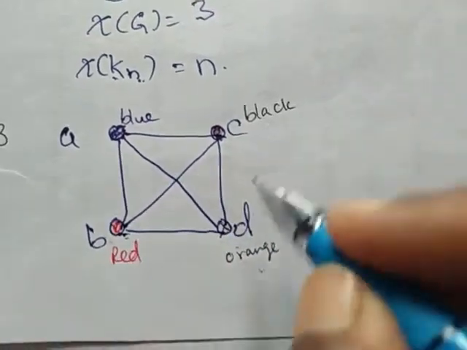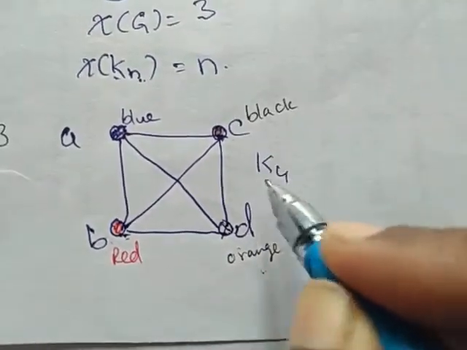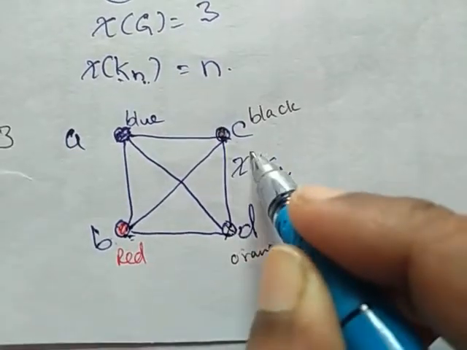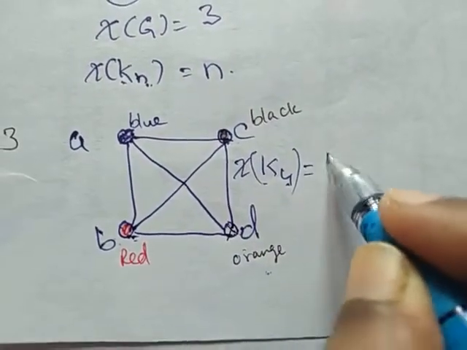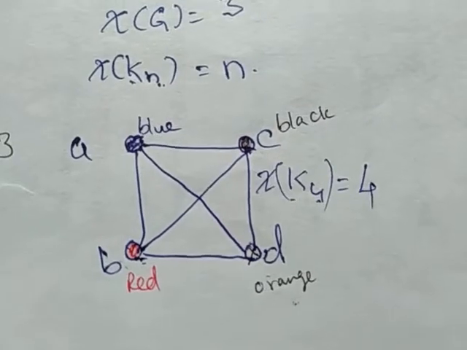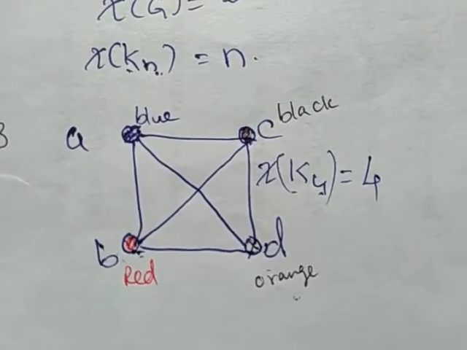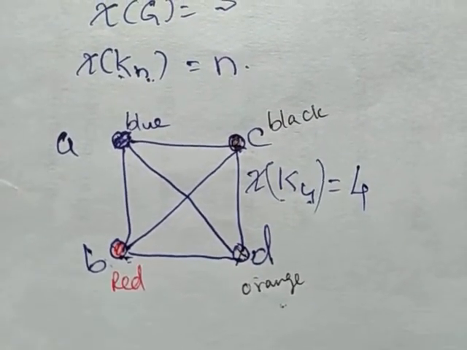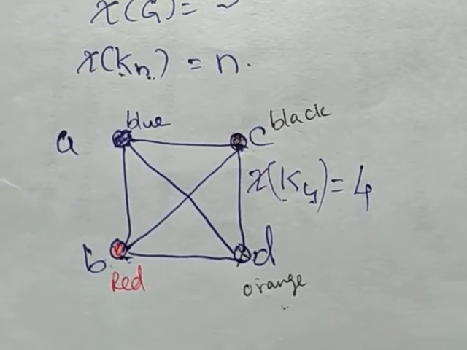So here it is having 4 vertices, K4, therefore chi of K4 is 4 itself. So for a complete graph with n vertices, the chromatic number is n itself.